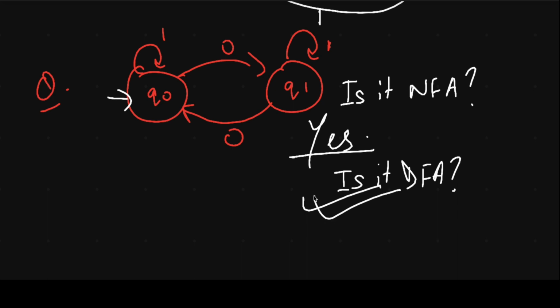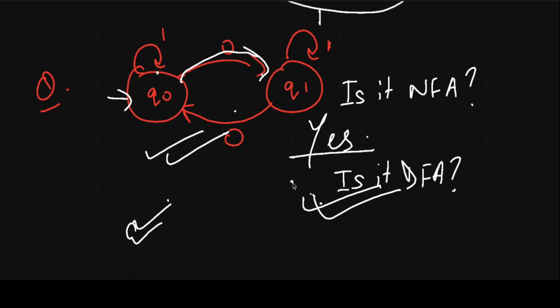Why? Because both our conditions are satisfied in this question. It doesn't matter if there exists a final state or not. For a DFA we have to check the two conditions we discussed. On one input symbol it is going to only one state, and every state here is defined for every input symbol.